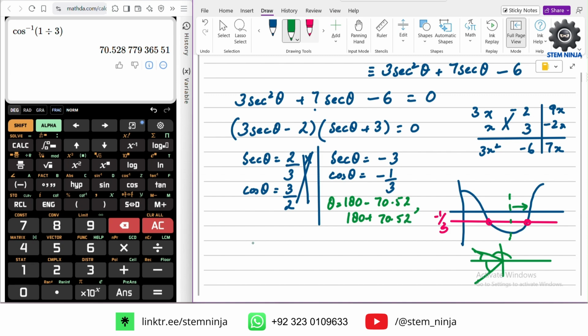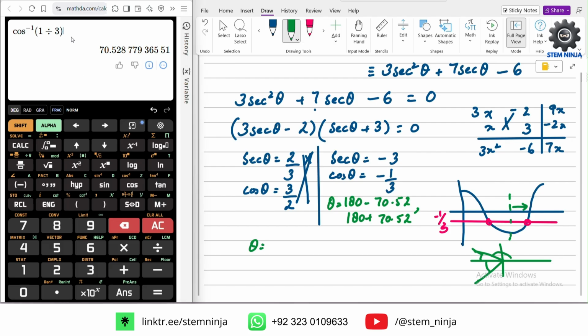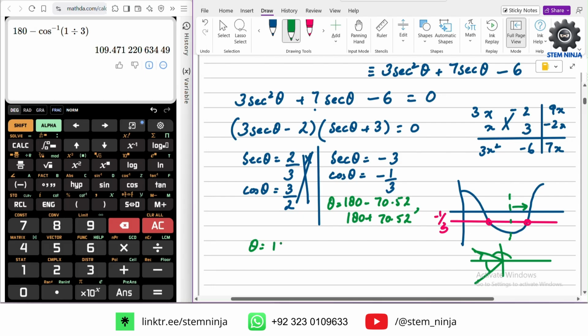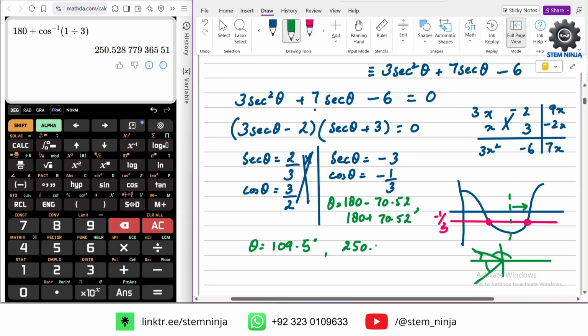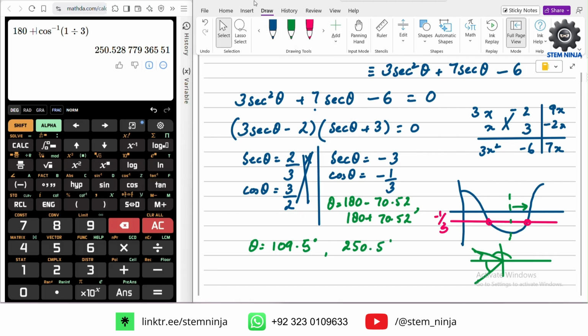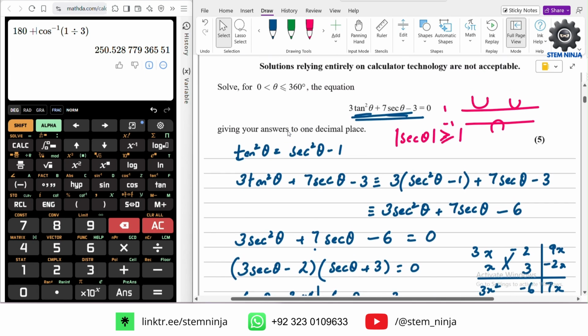Right, okay, so theta would be 109.45 degrees, and the other one would be 250.5 degrees. Alright, so that was question number 1.